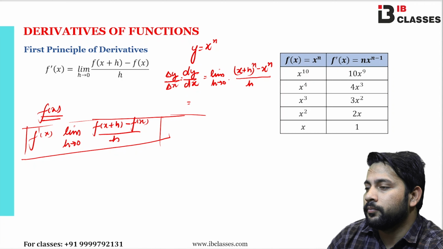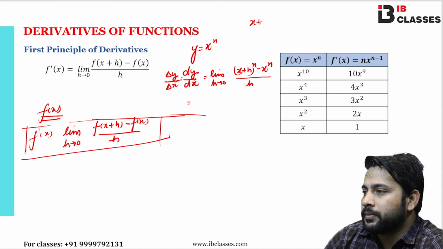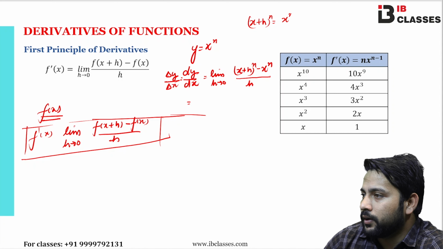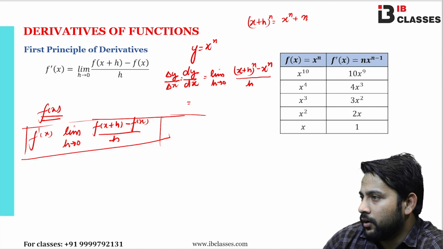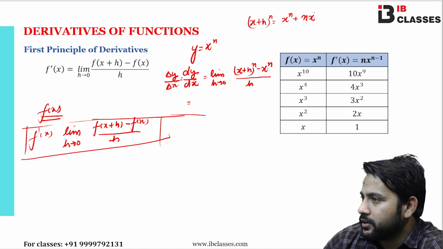Using binomial theorem, when we expand (x plus h) raised to the power n, we will be having x raised to the power n plus n x raised to the power n minus 1 times h, and so on.